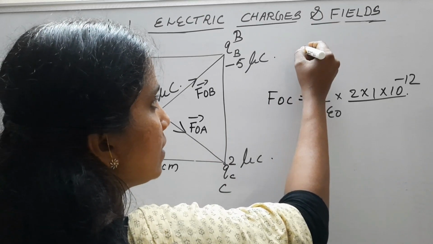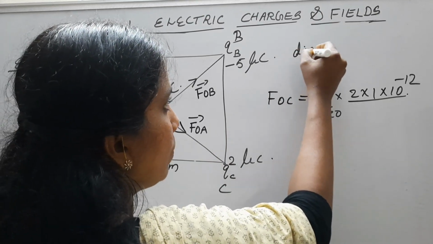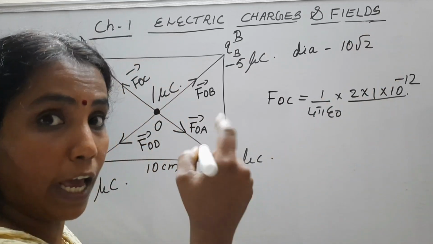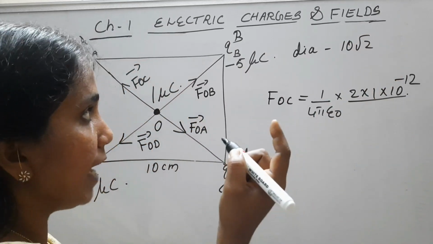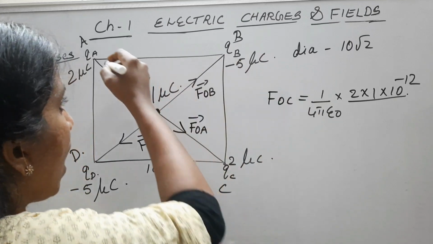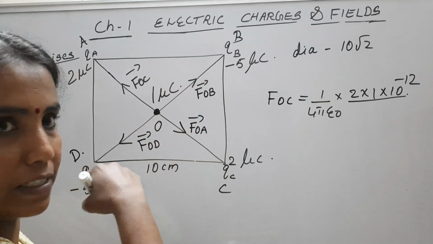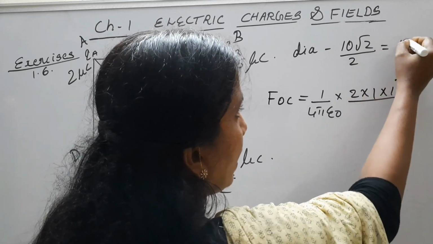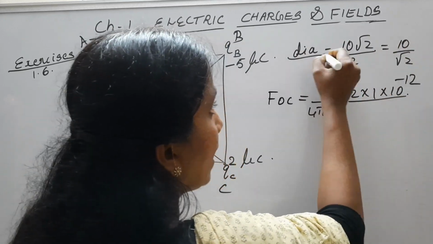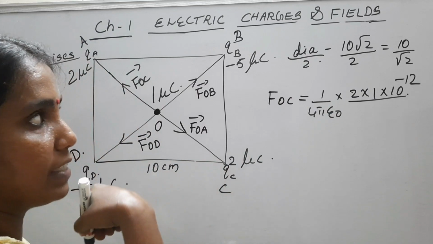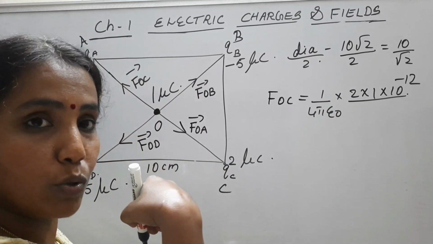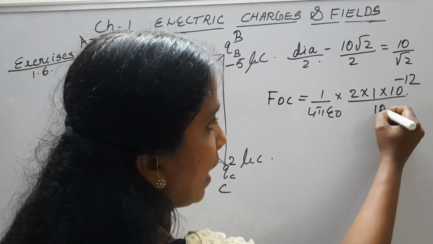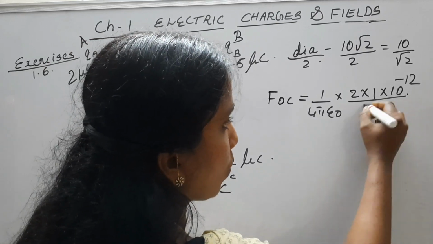The side length is 10 centimeter, so the diagonal length will be 10 root 2 centimeter. Half the diagonal is that distance, so it will be 10 root 2 by 2, or 10 by root 2. So 10 by root 2 is the distance, and we square it.